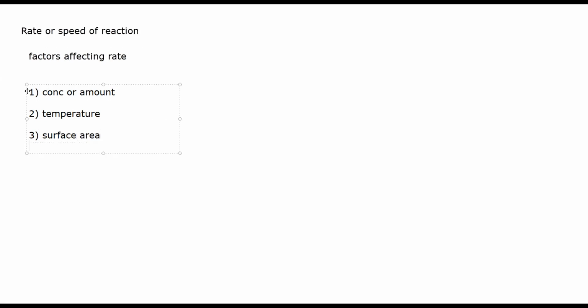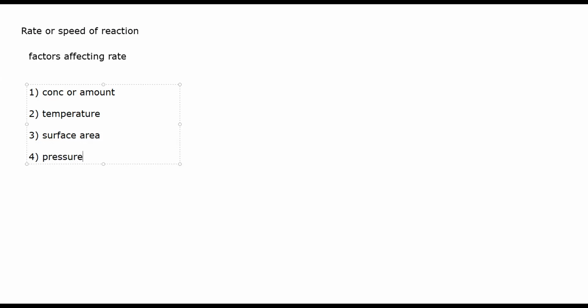So, factors affecting the rate or the speed of the reaction: concentration or amount of reactant, temperature, surface area, pressure.